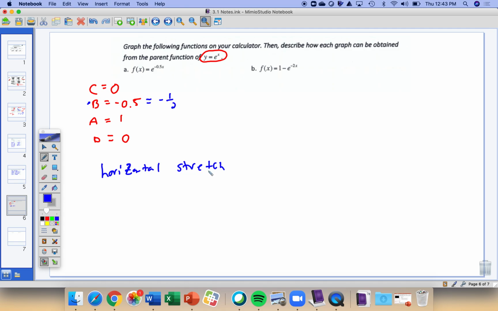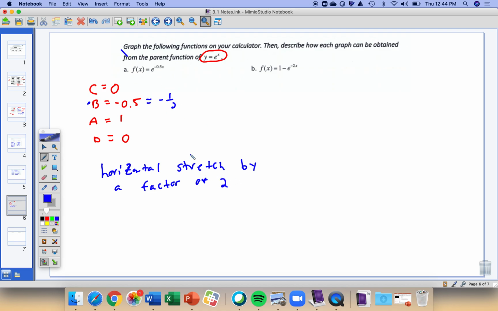And if we're stretching, we're multiplying B by a value, so we're really multiplying it by 2. So you could say by a factor of 2. This is the horizontal stretch by a factor of 2.